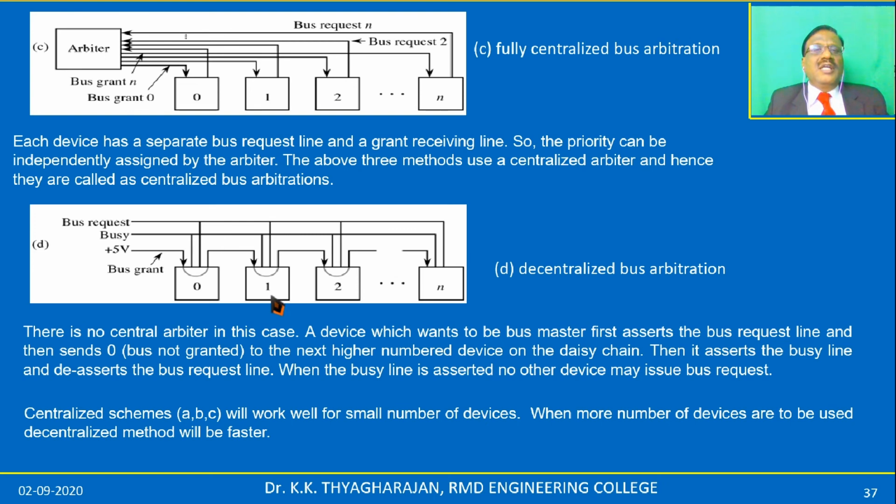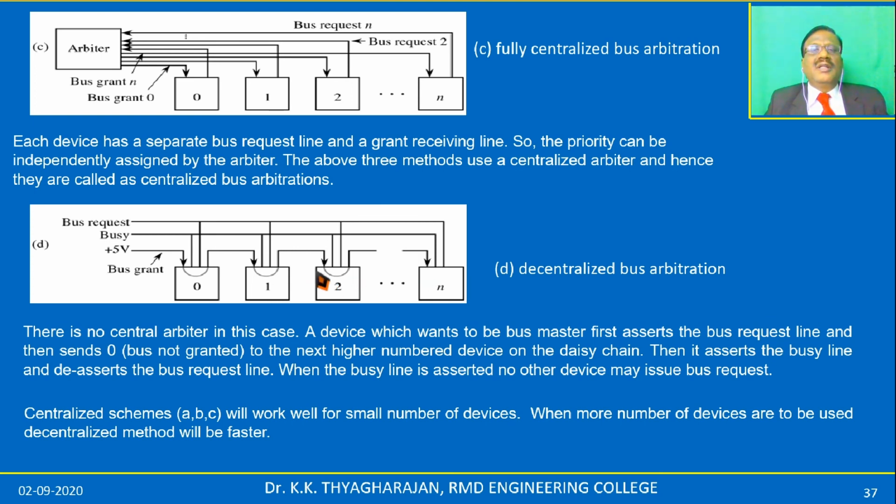If a device, for example device 1, wants to be a master, it will assert the bus request line, and it will also issue a 0 signal to the next higher numbered devices through the daisy chain.